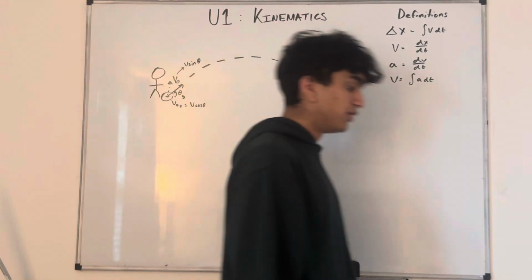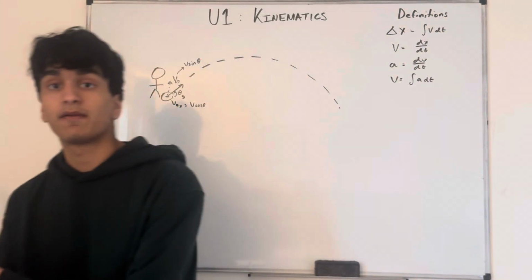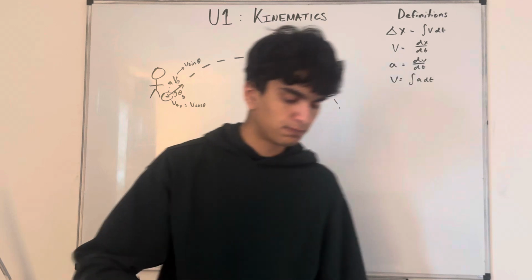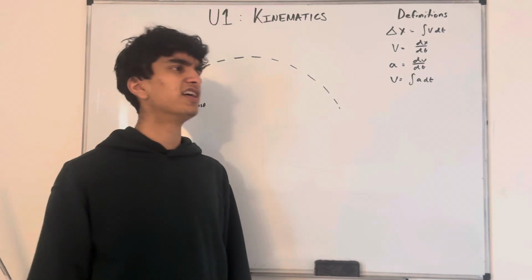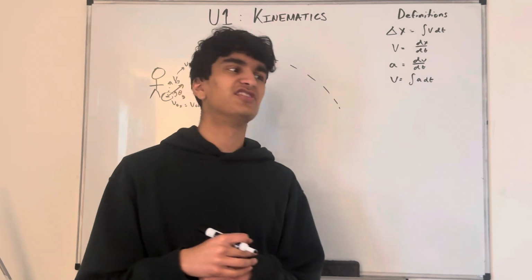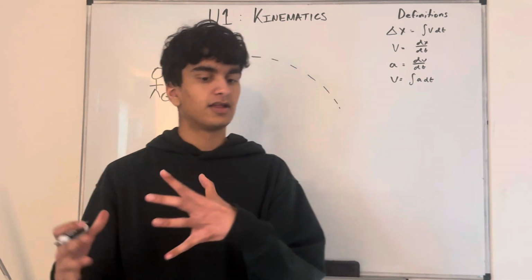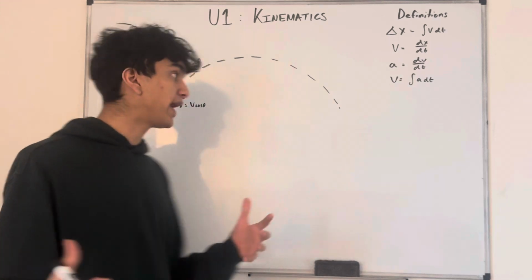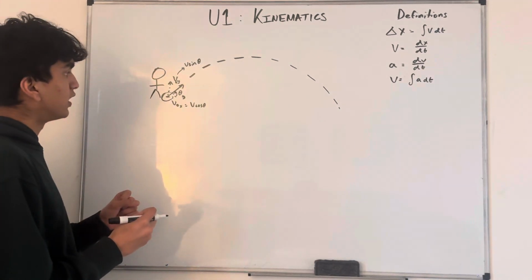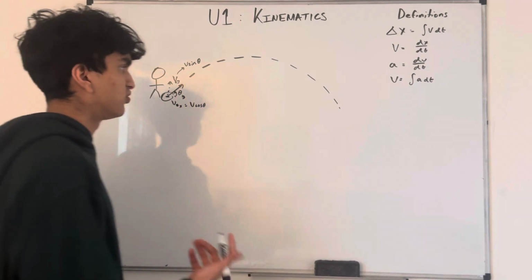The main idea with 2D motion is that it's independent but together, right? The motions are really independent, so for the x direction motion, I can set up my own equations.